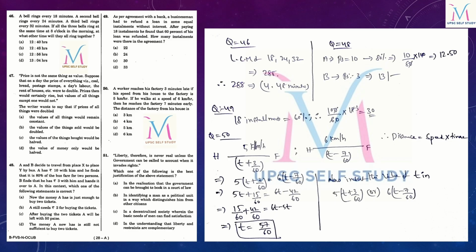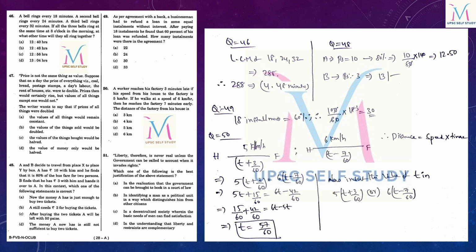So these three bells will ring together again after 4 hours 48 minutes. Already at 8 o'clock they are ringing, and starting after 8 o'clock, 4 hours 48 minutes later they will ring the bell.